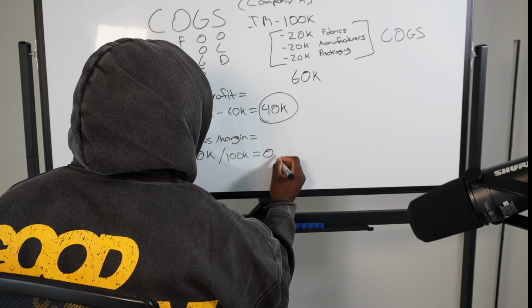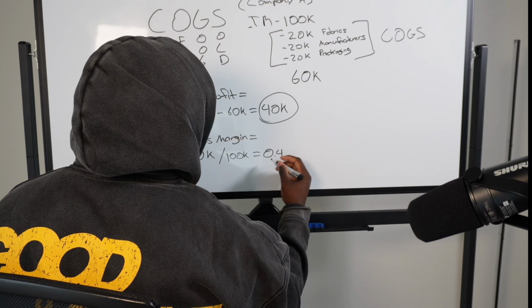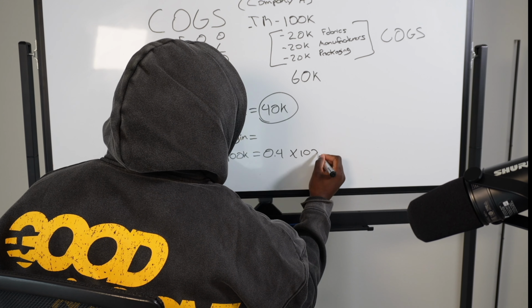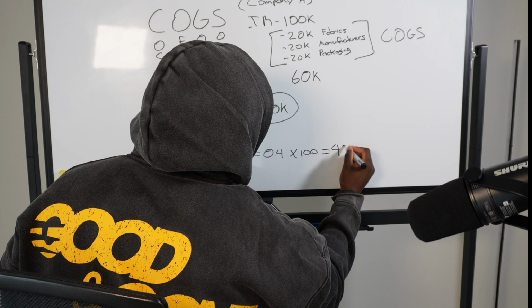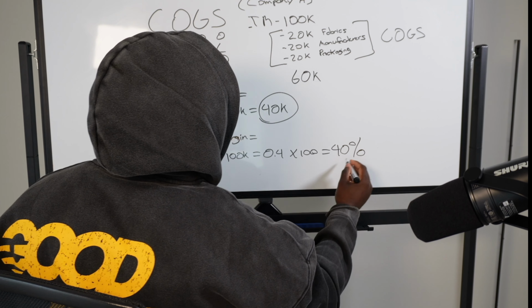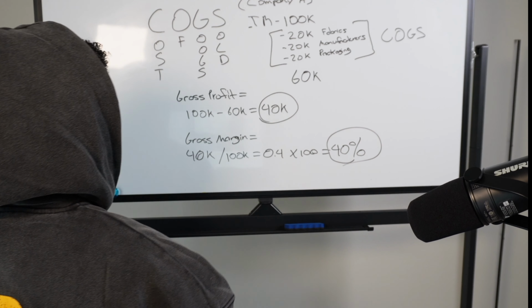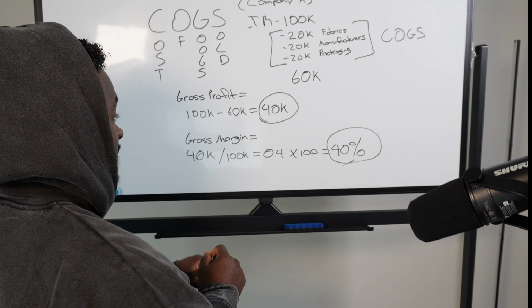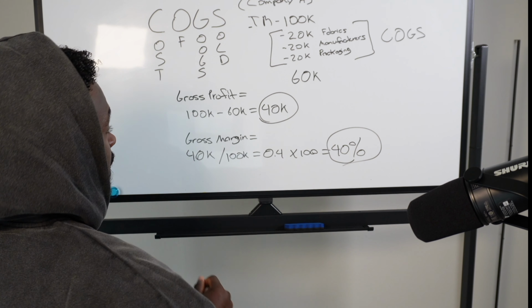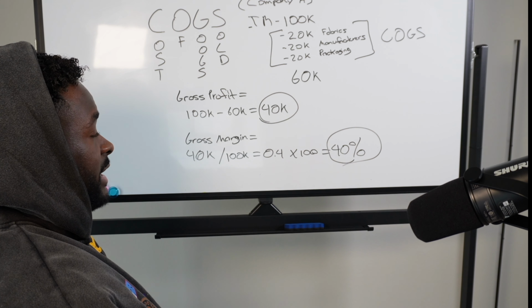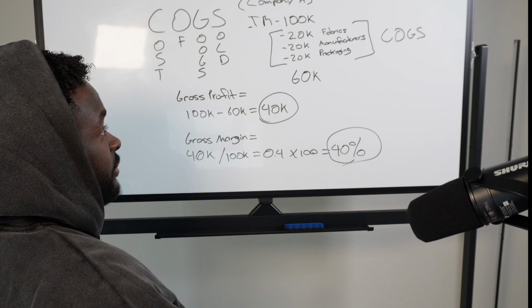That's going to give us 0.4. Then we're going to multiply that 0.4 times 100, and that's going to give us 40%, which means our gross margin is 40%.